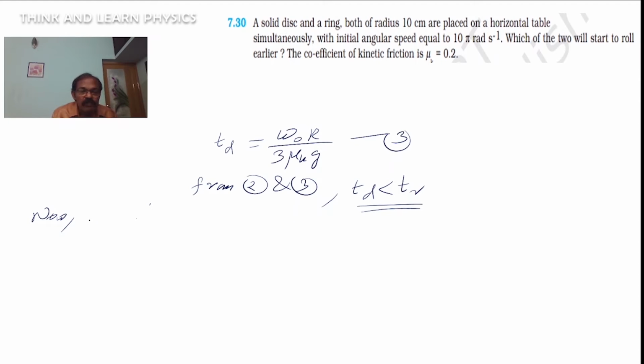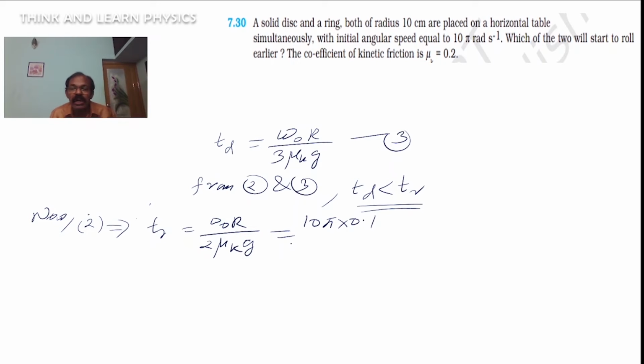Relation 2 becomes Tr equals omega naught r divided by 2 mu k g, equals, omega naught being 10 pi and r being 0.1, 10 pi into 0.1 divided by 2 into 0.2 into 9.8.